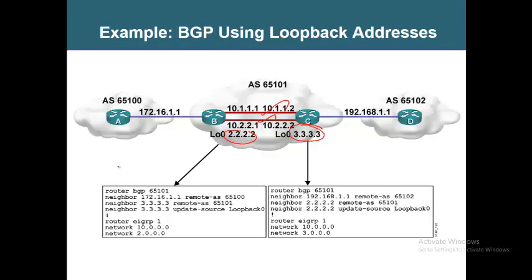In IBGP, all that you do is update-source loopback 0, because you're using the loopback interface address as the neighbor. But in EBGP, because the neighbors need to be directly connected, you need to do something more.